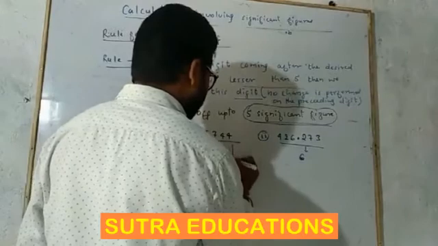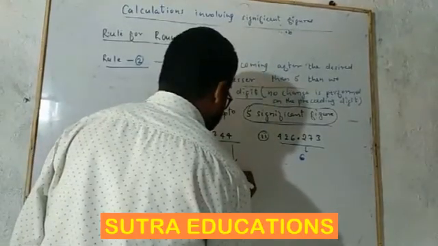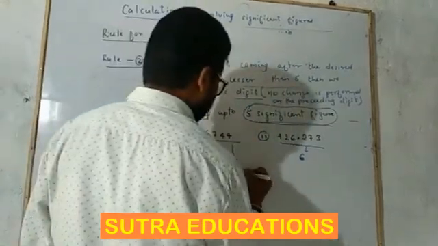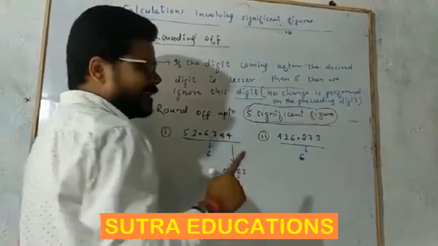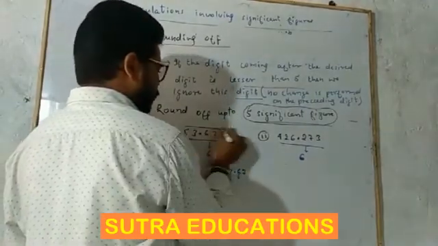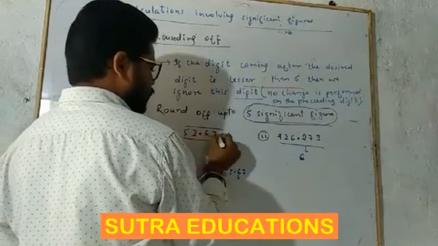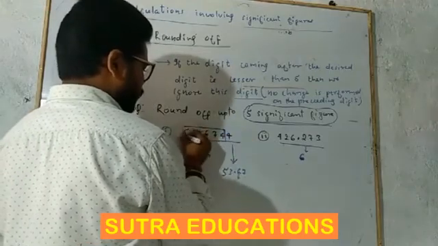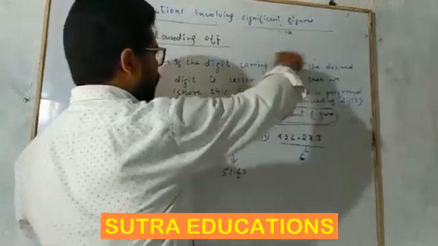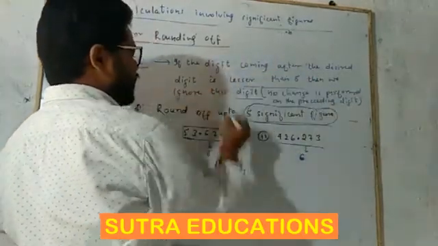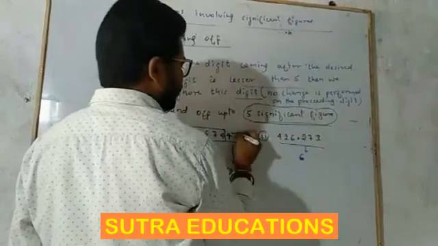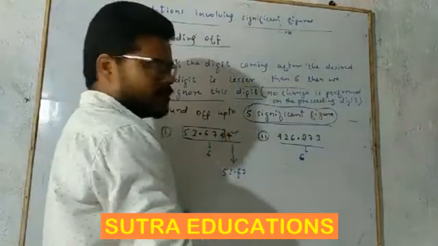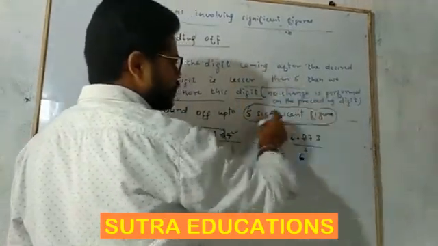So what we will do: it is 53.672. Now our desired digit will be up to this 4, 1, 2, 3, 4, 5, up to this, for 5 significant figures. If the digit coming after this desired digit is lesser than 5, here it is lesser than 5, then we simply ignore this, or no change is performed on the preceding digit.